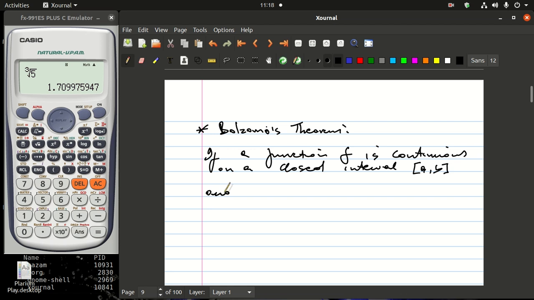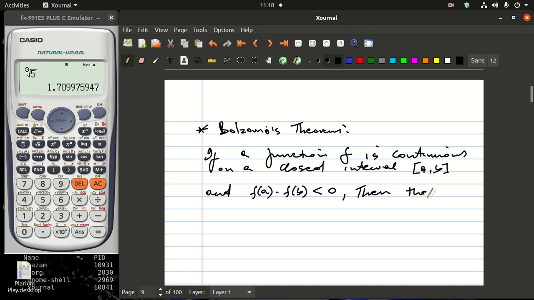And when I take the output f of a, and I multiply with the output f of b, I get a negative answer, or a value that is less than 0. Then Bolzano's theorem is saying that this is what is going to happen.